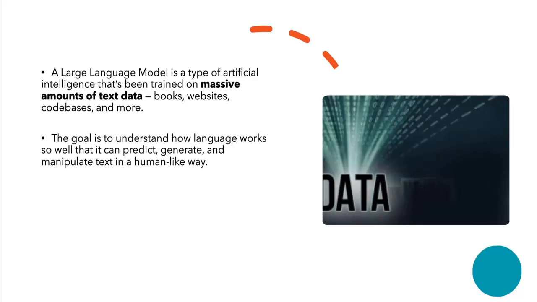So the main goal of this LLM model is to understand what you are giving, what information or what question or what you want, and then generate what you are asking for. Suppose you ask it, what is the capital of India?